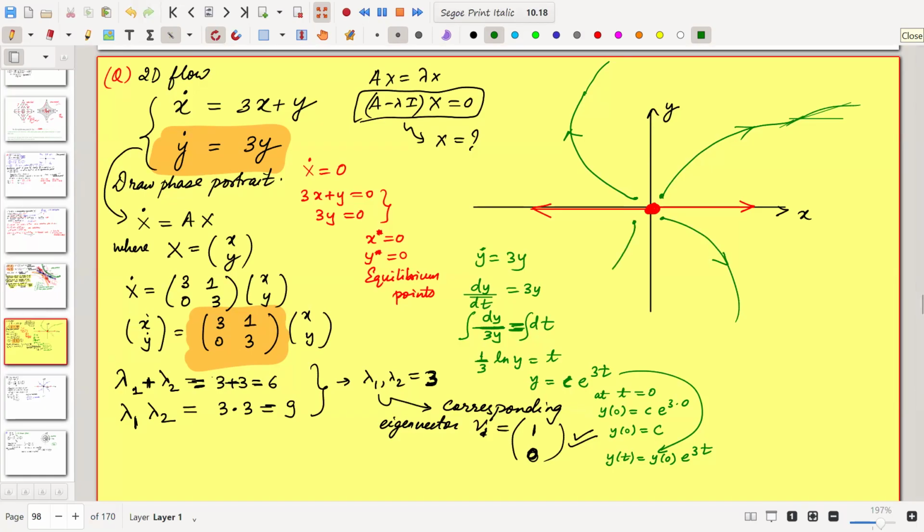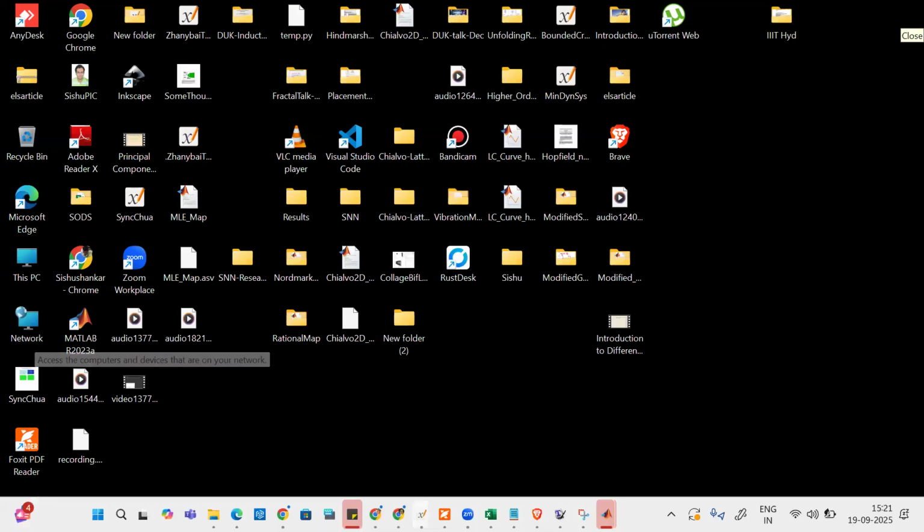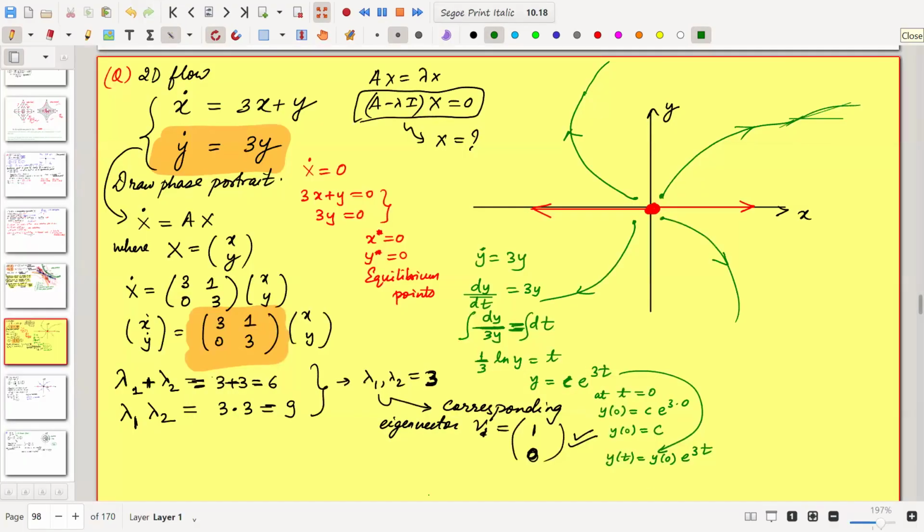Y is increasing exponentially. So if you choose a negative direction, it will go towards minus infinity. If you start from here, it is going like this.